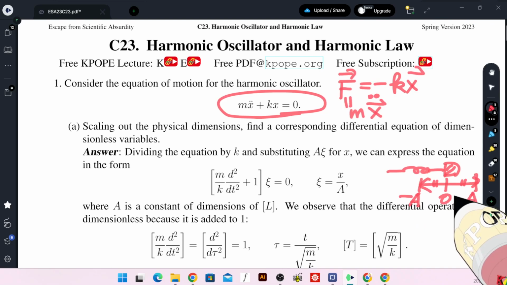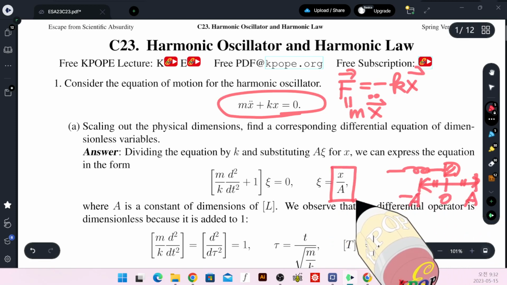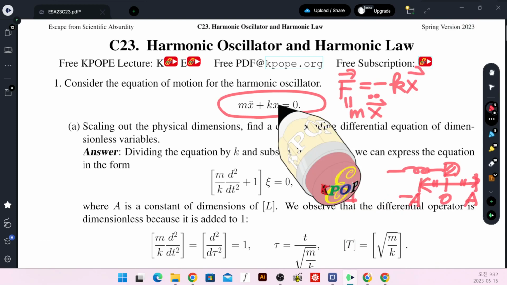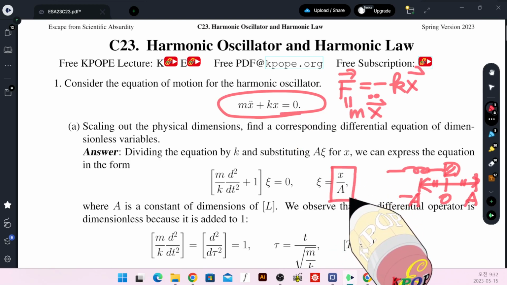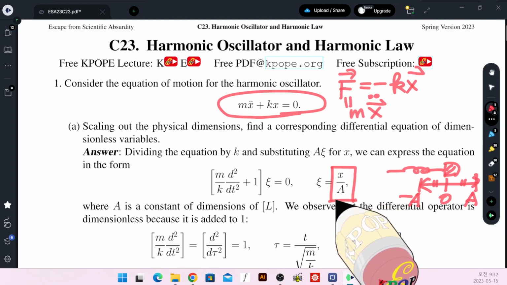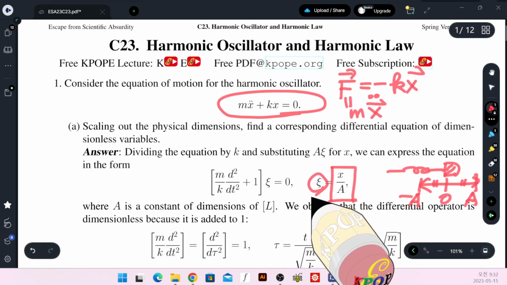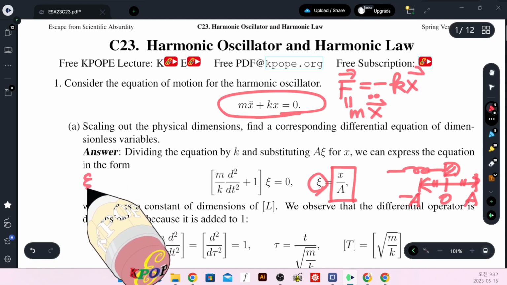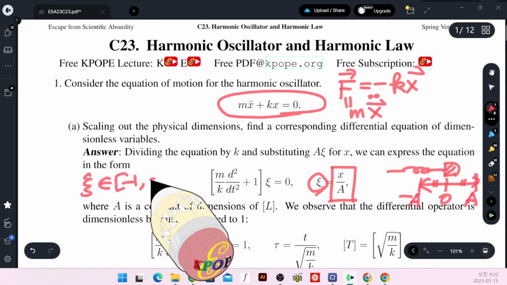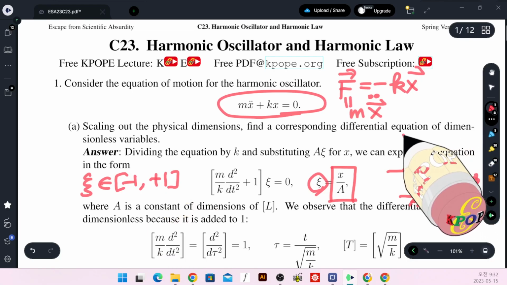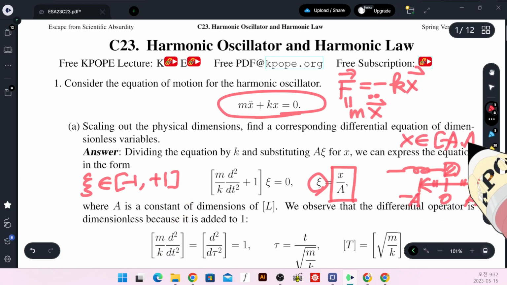So we introduce a parameter A that is called the amplitude of this oscillation, and we rescale the coordinate x for the displacement from the equilibrium position by A, which is a kind of unit of length. Then this C becomes restricted to the region -1 to +1, because x is in between -a and +a, and we divide them by a.